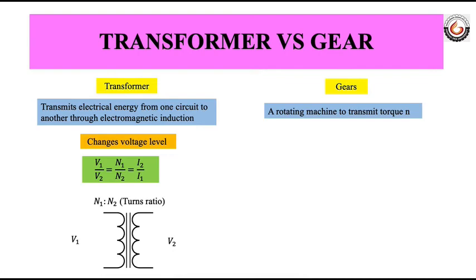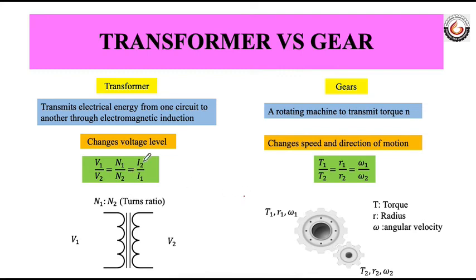I can model the transformer as either step up or step down, which would change the voltage level. Here it would change the speed and the direction of motion.